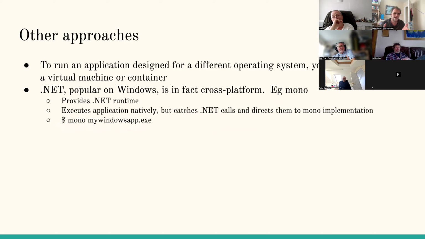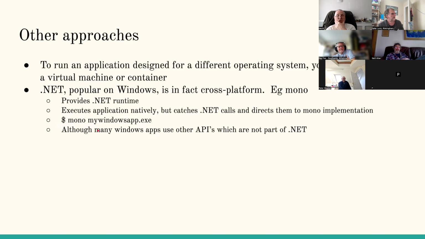The .exe is run natively on your operating system, and when your application runs on .NET core, Mono provides that .NET core rather than native Windows. The biggest downside with Mono is that the vast majority of Windows applications that claim they're .NET also use a whole bunch of other APIs, and then this trick doesn't work.